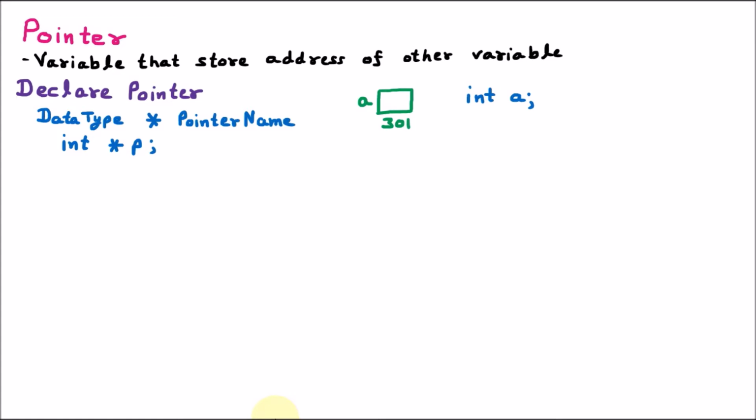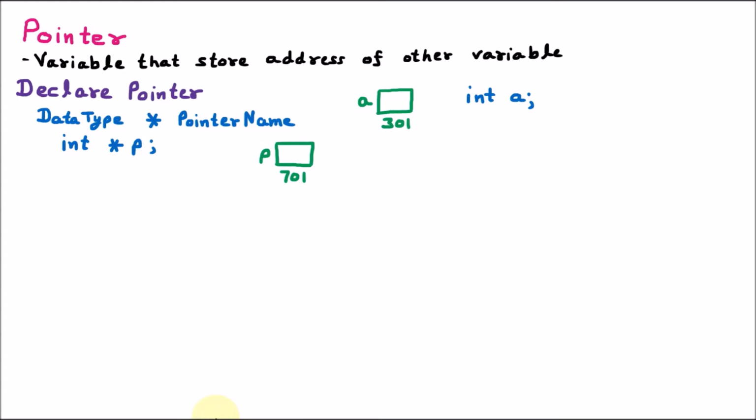In the same way, just like the variable consumes memory, a pointer is a variable which also has memory. Let us suppose that p is a variable of pointer type, and let's say the memory it has is 701. Now, what is the difference between a variable and the pointer?